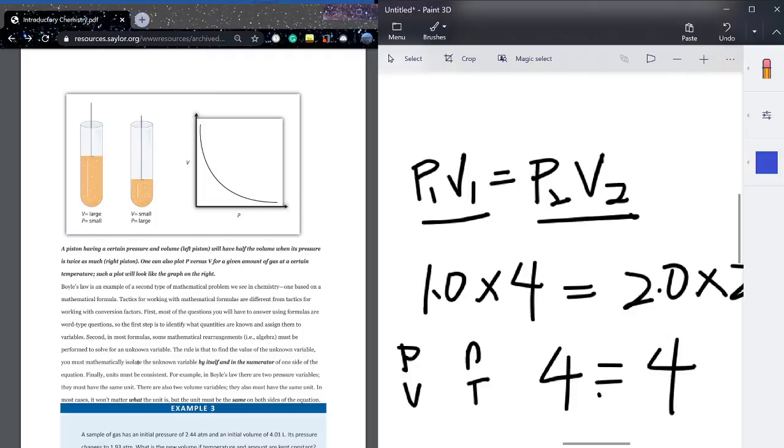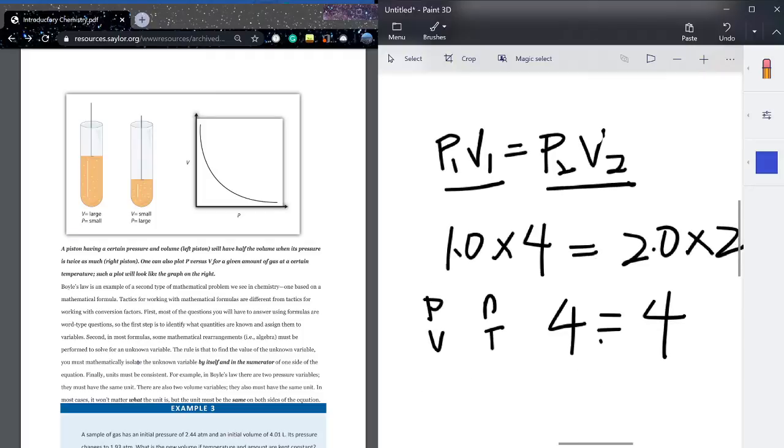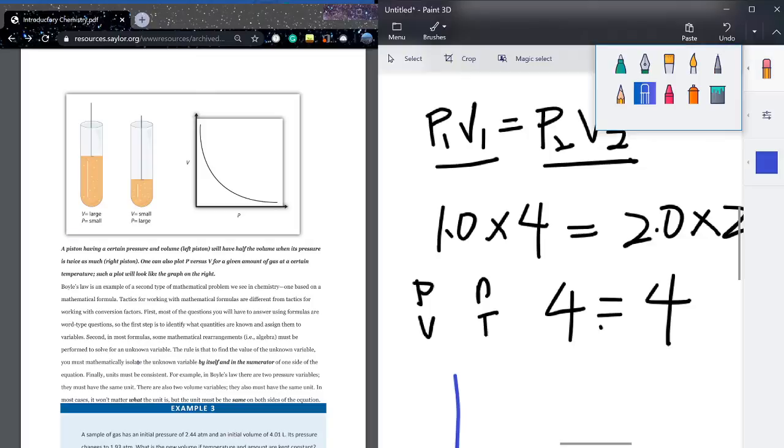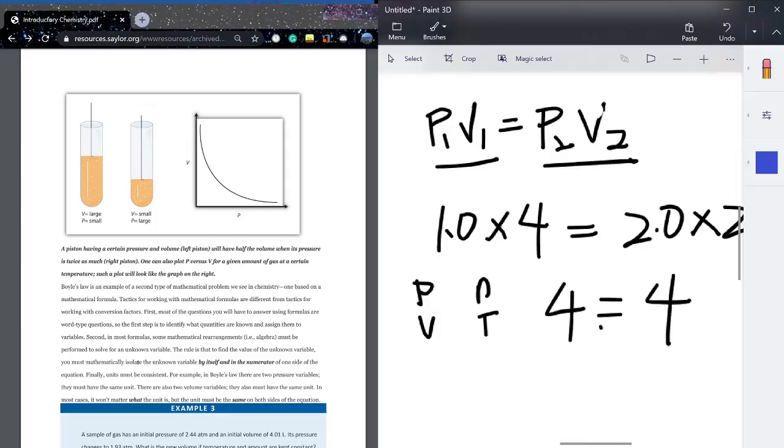Since they're a product on the same side, they're going to be inversely proportional, because if one of the factors of the product increases, then the other factor, in order to keep this constant, will have to decrease.